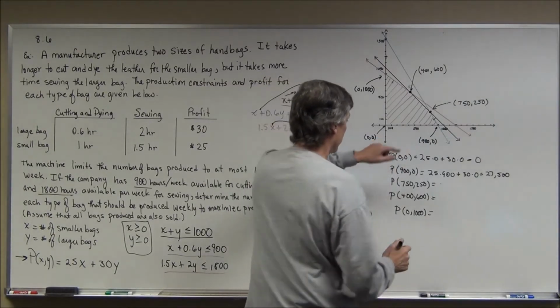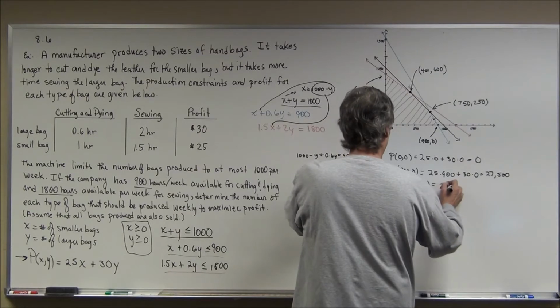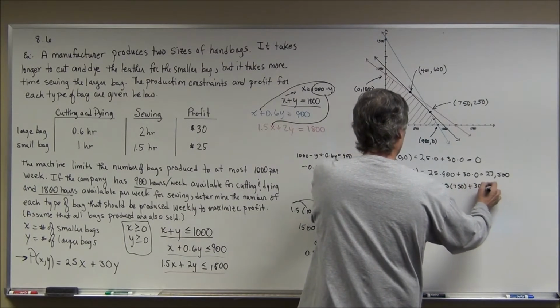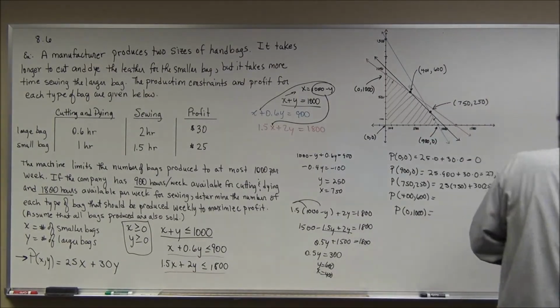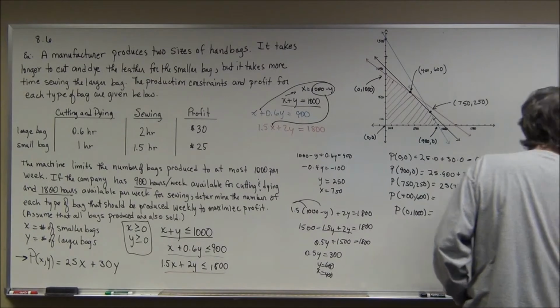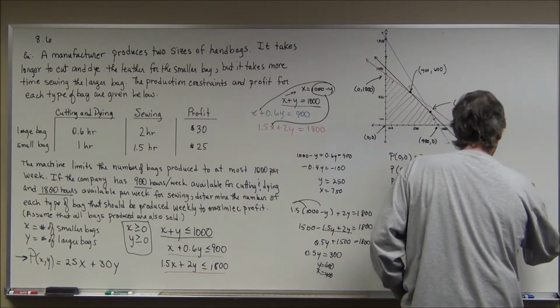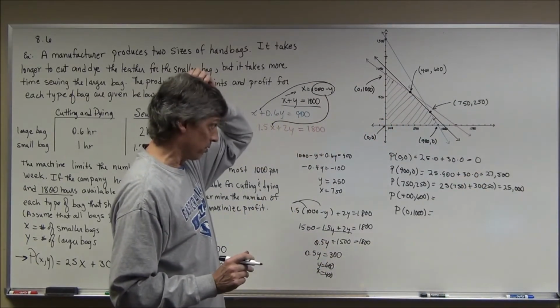This next one, I'm going to plug this one in. This would be 25 times 750 plus 30 times 250, which is going to give me a grand total of 25,000 on the nose. So right now, the leader in the clubhouse is 27,500. That's the biggest profit so far.